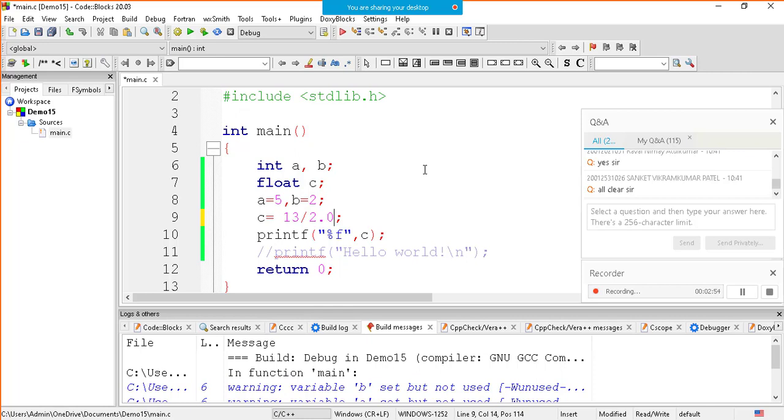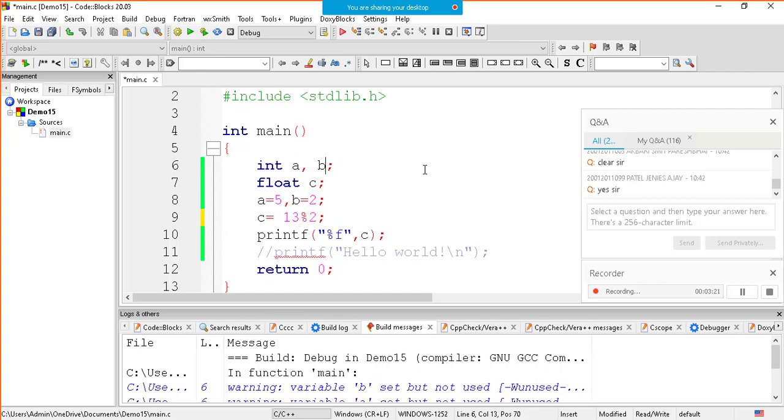So let me go ahead now. After discussing this typecasting, for example, I want to teach you the modulo operator. So what I need to do is 13 modulo 2.